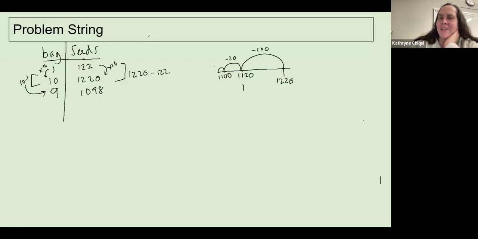And then I'd have to subtract another 2 to be able to subtract 122. Yeah, Carly. So 1,100, if I'm taking 2 away from 1,100, what would I have? Would I get the 1,098? All right.